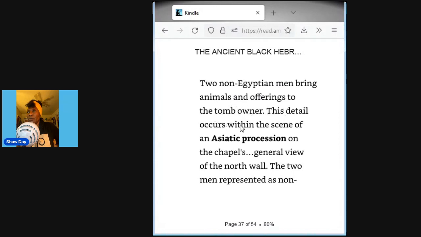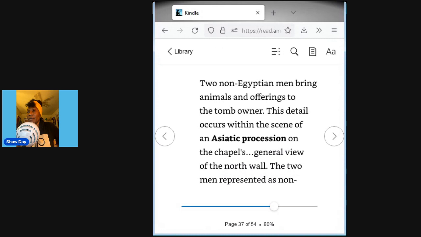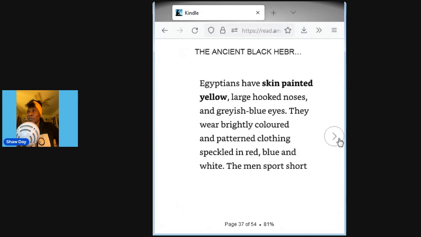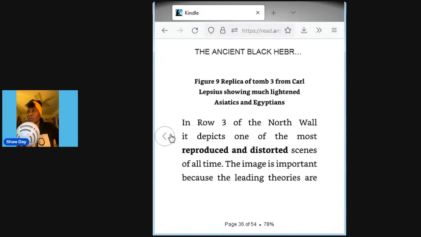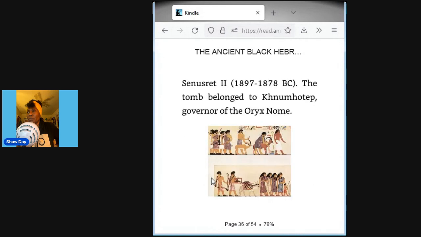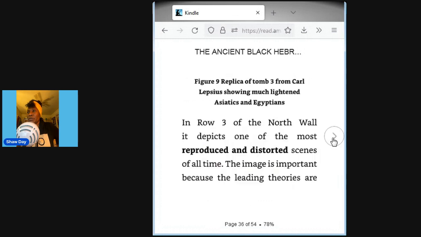This detail occurs within the scene of an Asiatic procession on the chapel's general view of the north wall. The two men represented as non-Egyptians have skin painted in yellow. Remember the picture I showed you? Let me go back. I hope I don't mess this up. There they are. This is what she claimed was on the wall. This is the color that was painted. Well, let's go on.